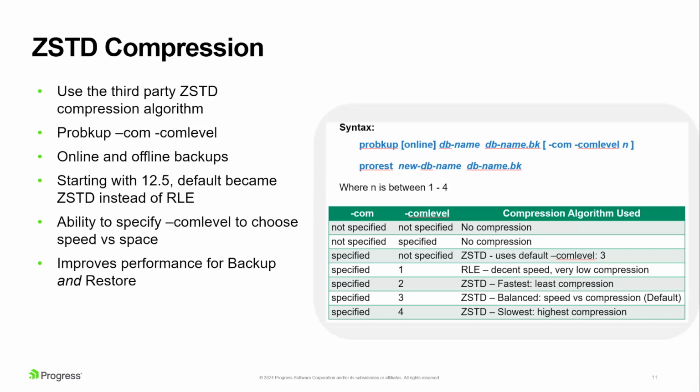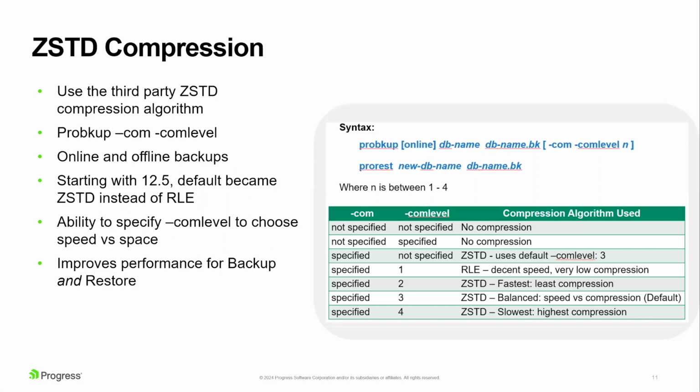Zstandard, as you can see on the right part of the slide, actually offers three different levels, which lets you manage if you want the fastest, which will also be the least amount of compression, or up to the slowest, which will be the highest level of compression.